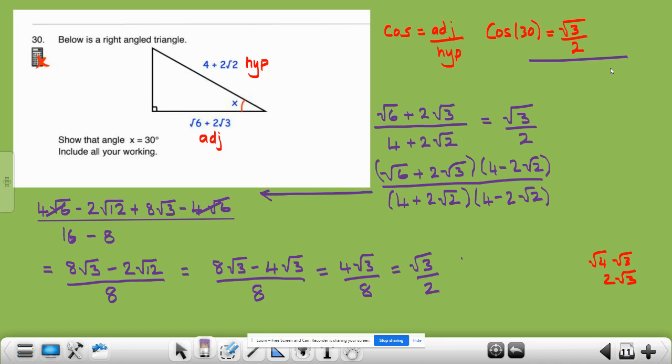So you can see why I think it would be worth more than 2 marks. And it seems so complicated, but once you get used to using the conjugate, that will really simplify the bottom. And then it's just being careful and taking your time and thinking about your surds. And that's the end of this question and the end of this video.